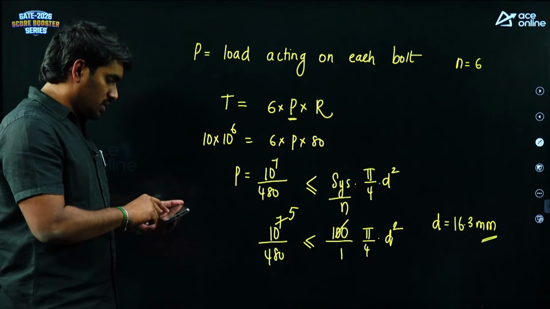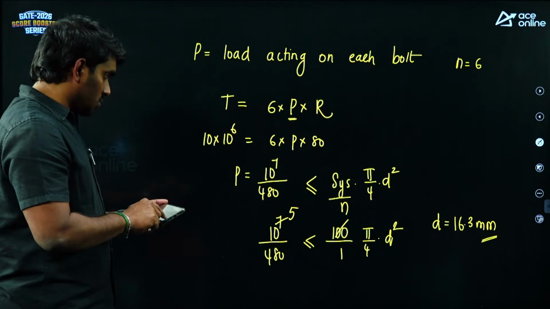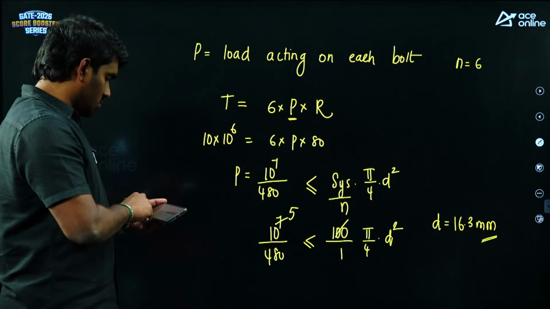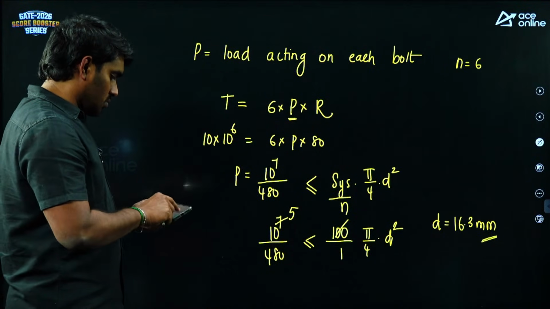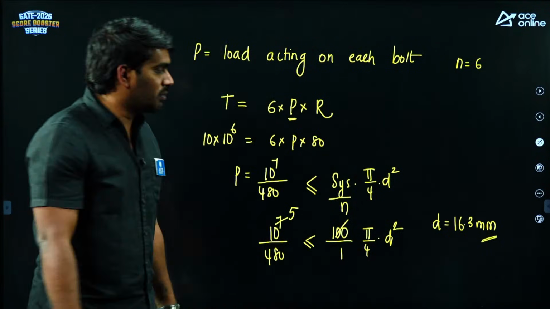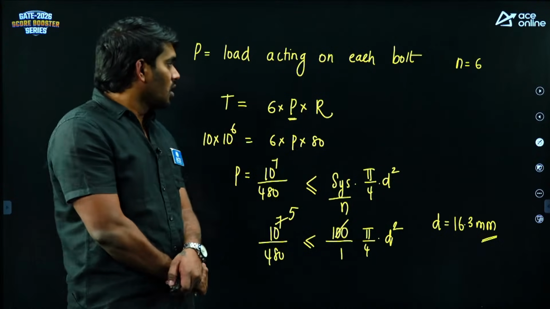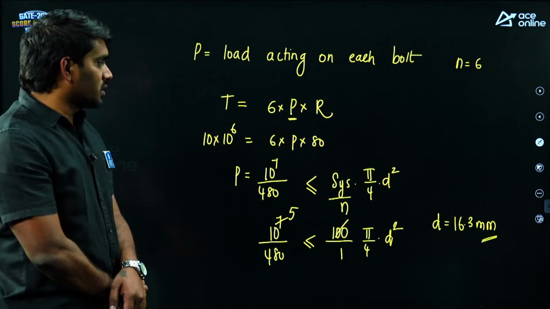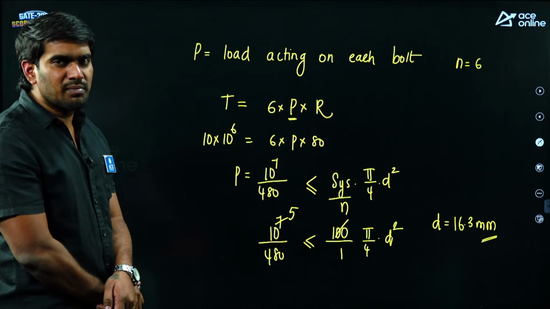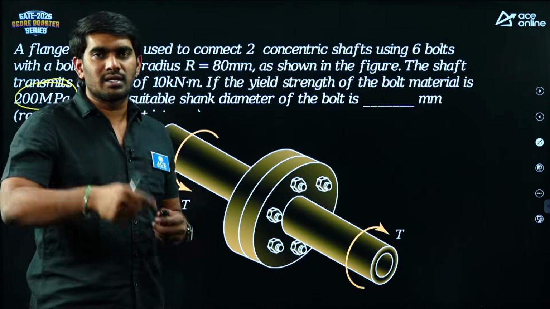Okay, let's see this again. Okay, it is coming out to be 16.3 mm. Now, if I need to round this to the nearest integer, what is the answer that we are going to get? Okay, so is that 16? Can we downsize the member, or can we upgrade, can we increase the size?